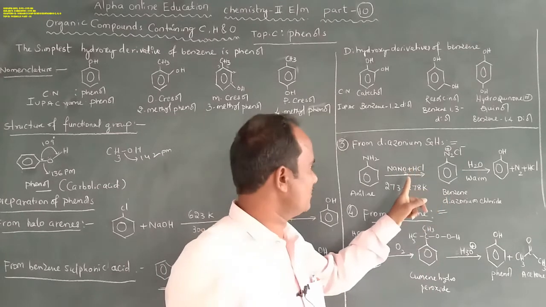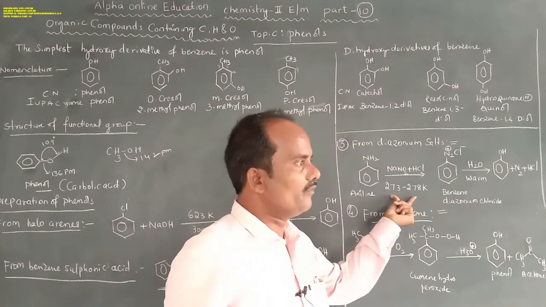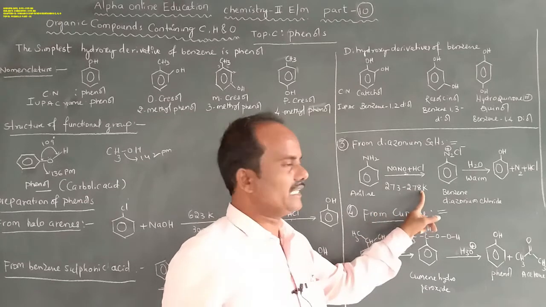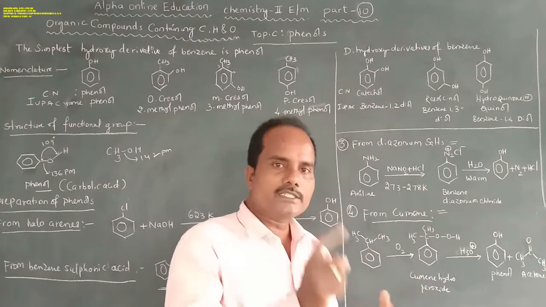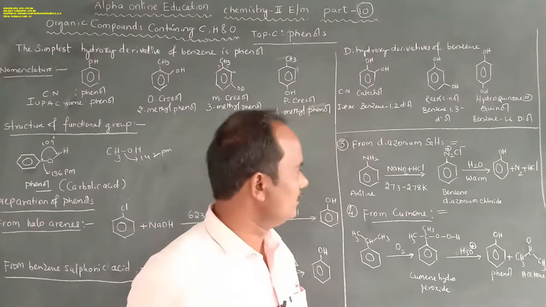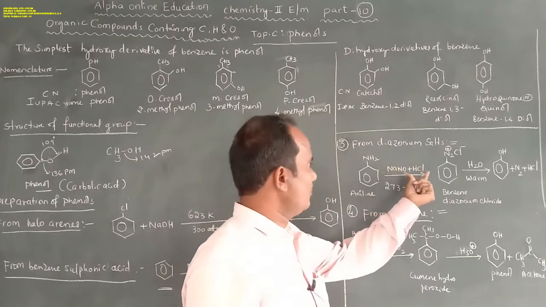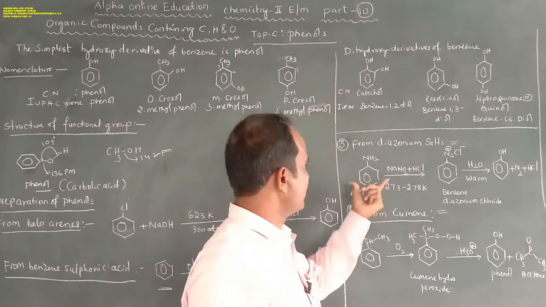The temperature condition is also very important: 273 to 278 Kelvin, that is 0 to 5 degrees centigrade, must be maintained. Then NaNO2 plus HCl is added to the aniline.